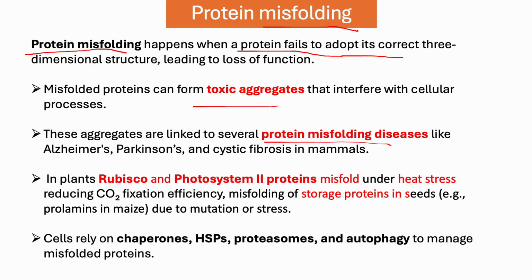Protein misfolding disease is very common, like Alzheimer's in humans, Parkinson's, and other diseases in mammals. In plants also, Rubisco and photosystem 2 proteins sometimes misfold under heat stress. Then carbon dioxide fixation can't occur efficiently. And misfolding of storage protein is also common in different seeds, like prolamin in maize, due to mutation or stress.